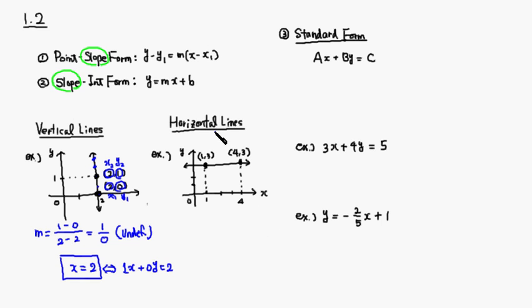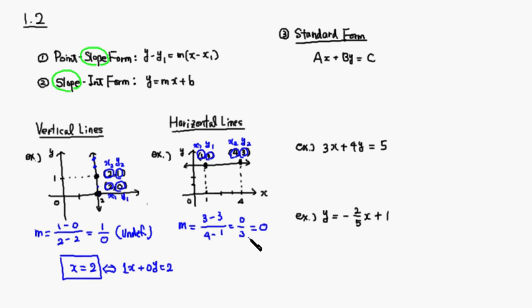A horizontal line is okay because the slope does exist. The slope is going to be m equal to, I'm going to call this point x1, y1, and this is x2, y2. So the slope formula: y2 is 3, minus another 3, over x2 is 4 minus x1 is 1, which gives you 0 over 3, which is a fancy way of saying 0.